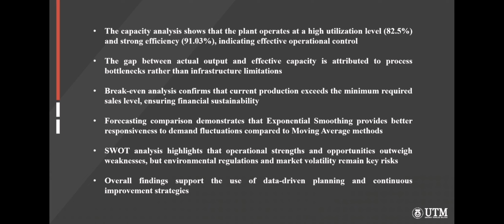For the break-even analysis, it confirms that current production exceeds the minimum required level, which ensures financial sustainability. And for the forecast comparison, it demonstrates that exponential smoothing provides better responsiveness compared to moving average. For the SWOT analysis, it has been highlighted that operational strengths and opportunities outweigh weaknesses, but environmental regulations and market volatility remain key risks.